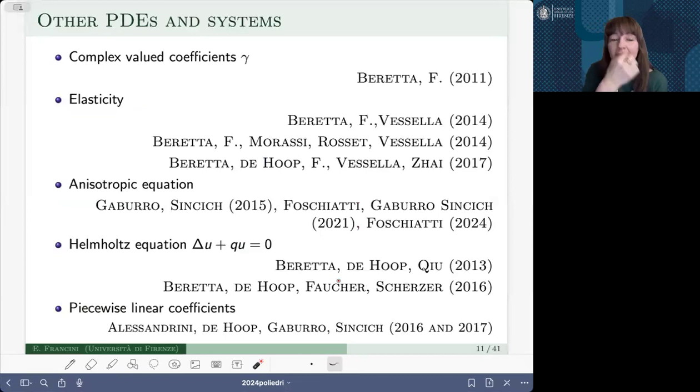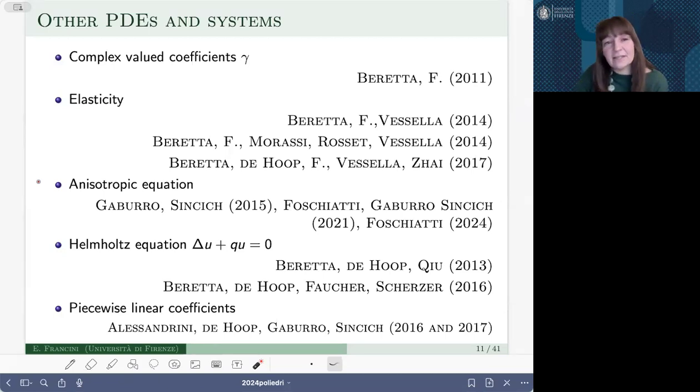So this method that was first presented by them has been extended to a number of different equations and also systems. It has been extended to complex valued coefficients, to elasticity, to anisotropic equations, to the Helmholtz equation, and to piecewise linear coefficients by different people.